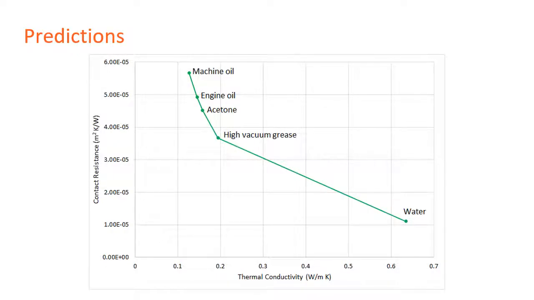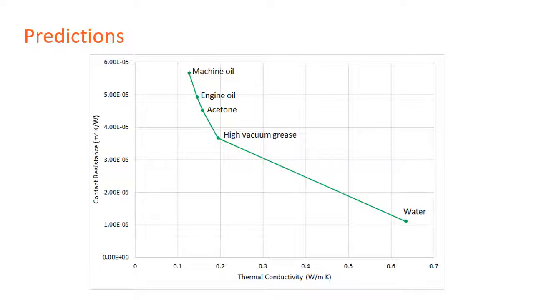The purpose of our experiment was to predict the contact resistance of fluids based on their thermal conductivity. Therefore, using the equation from the power curve fit, we predicted the contact resistances of machine oil, engine oil, acetone, high vacuum grease, and water.